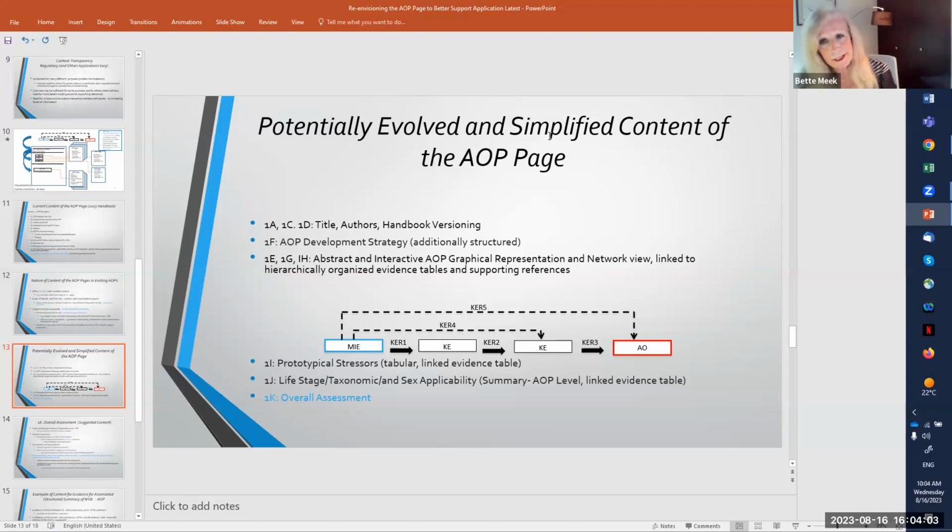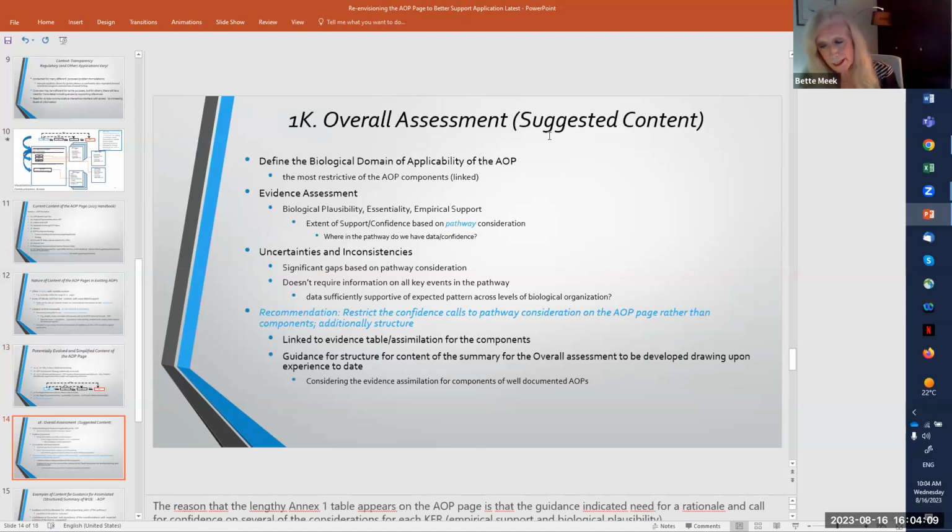And then, of course, the lengthiest section is actually on the overall assessment. And that's because it relates largely to the presentation of the judgments on the weight of evidence consideration.